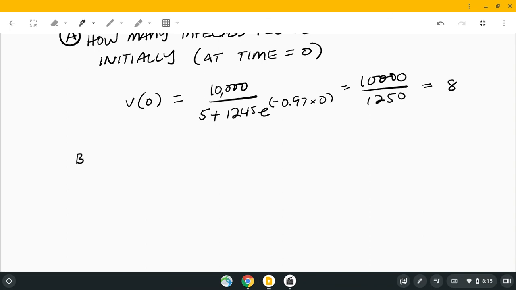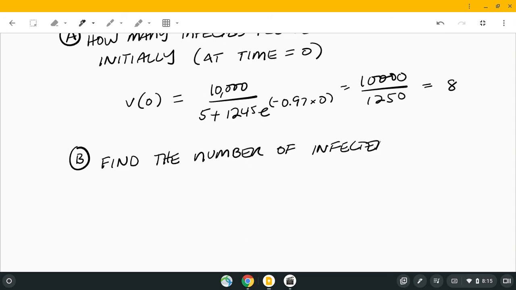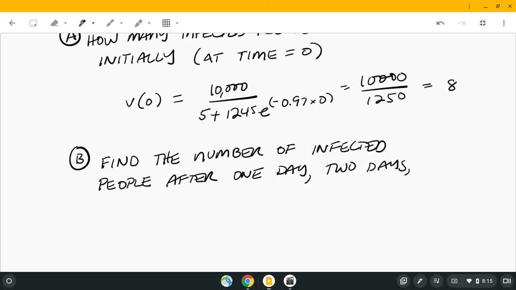Then find the number of infected people after 1 day, 2 days, and 5 days.